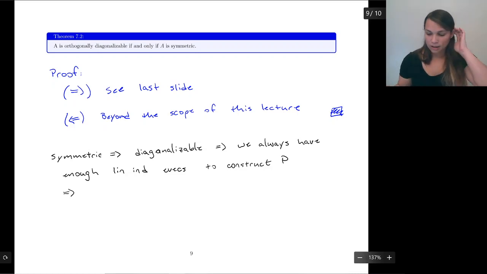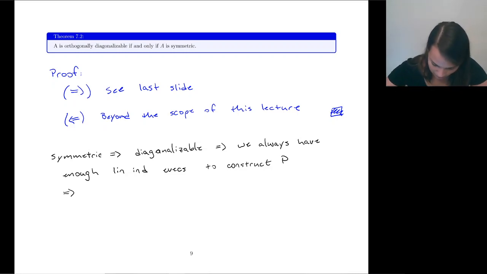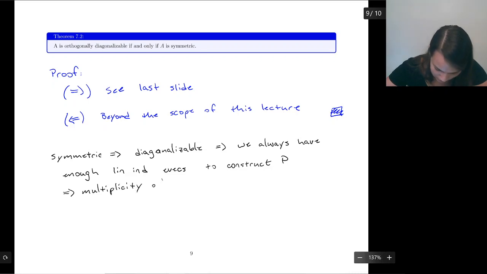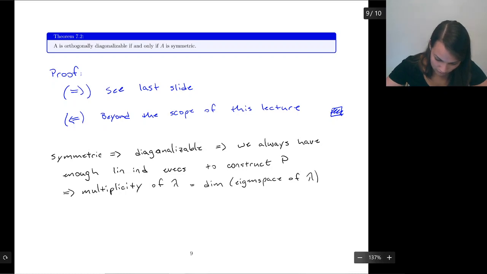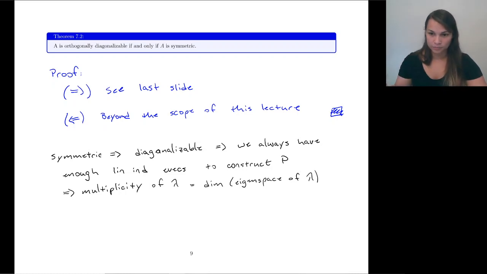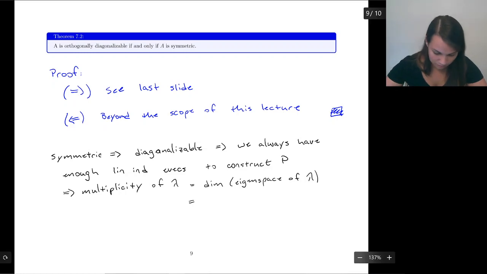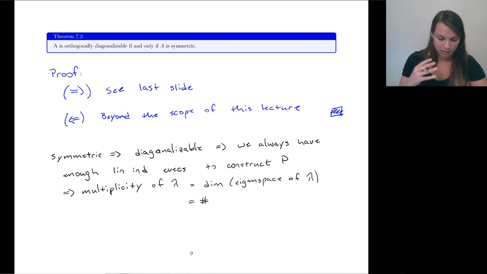So then the fallout from that in fancy speak is the multiplicity of lambda equals the dimension of the eigenspace of lambda. Remember, the eigenspace of lambda would just be the linearly independent eigenvectors associated with lambda.